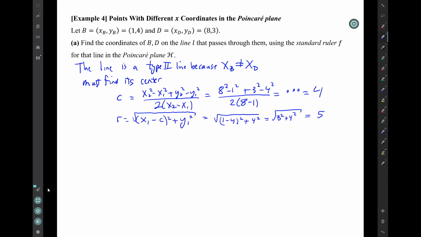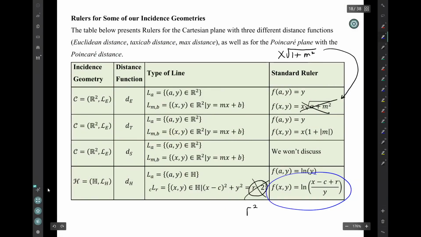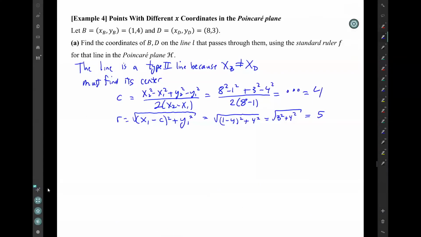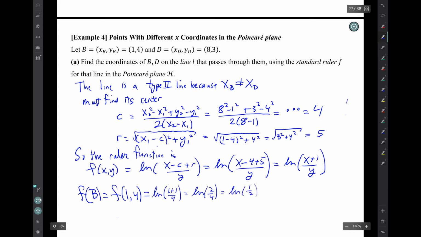Now we use the formula for the ruler. We build that, ln of x minus c plus r over y. When I find the coordinates of point B, I get the following. So we find the coordinate of B is negative ln of 2. That's the exact answer. And that's approximately negative 0.693.